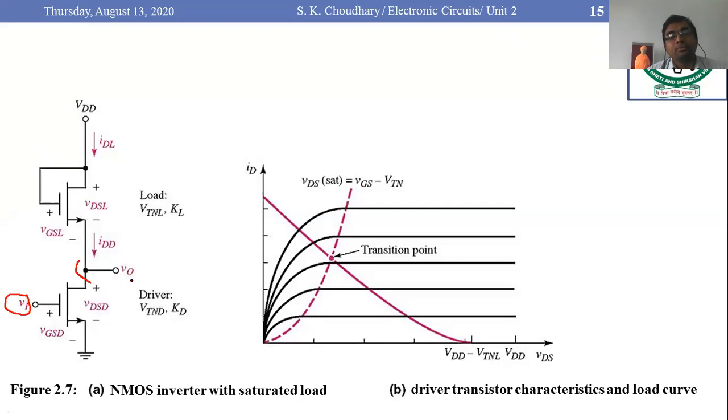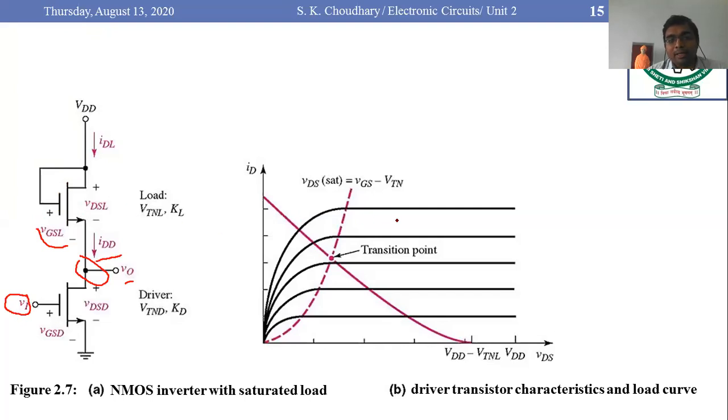It is again equivalent to VDSD, because there is no resistor drop here; the voltage drop is across this drain and ground. The current flowing across it is called IDD. And it is connected in series with the enhancement load, where the gate terminal is shorted to the drain. So whatever the VGSL, this is similar to the VDS.